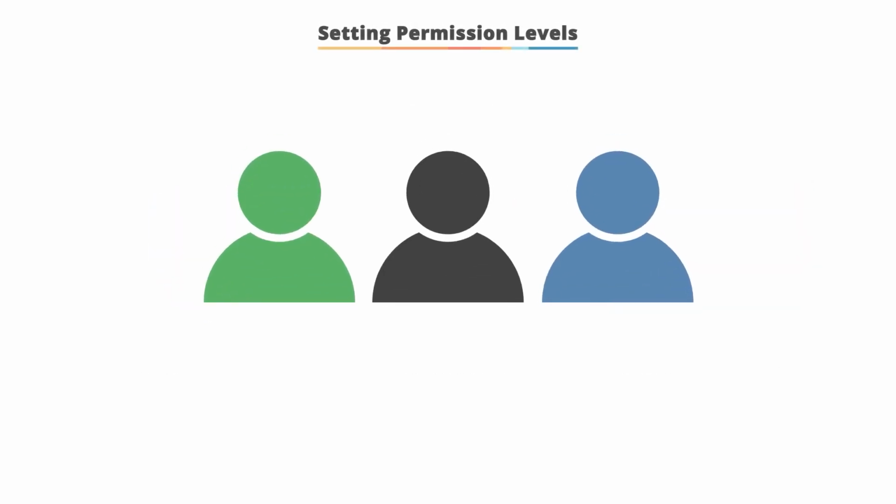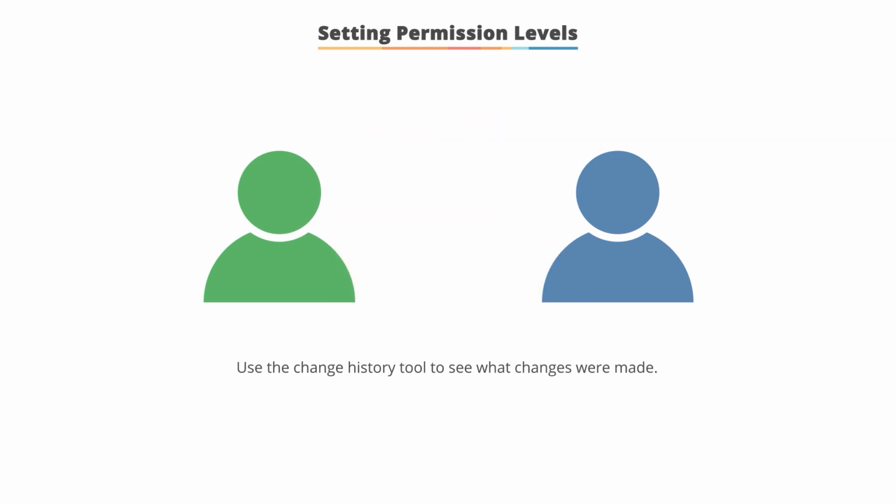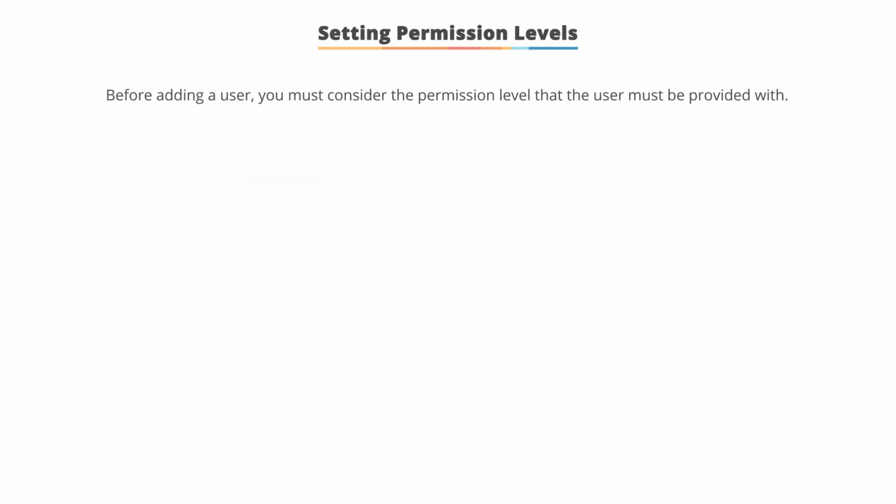Each person who can access your data should have their own login. This lets you choose their permission level, remove someone when they should no longer have access, and see what changes were made in the Change History tool, which logs changes by user access. Before adding a user, you should consider the permission level that the user needs.